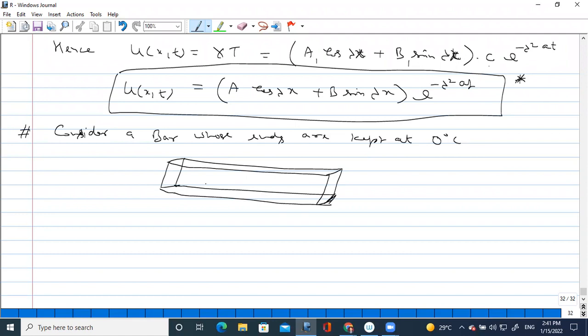Okay, so this is a bar. The ends of this bar, this end and this end, both are kept at 0 degree centigrade. Actually what I told you, that u(x,t) is what? Here u(x,t) is the temperature profile.